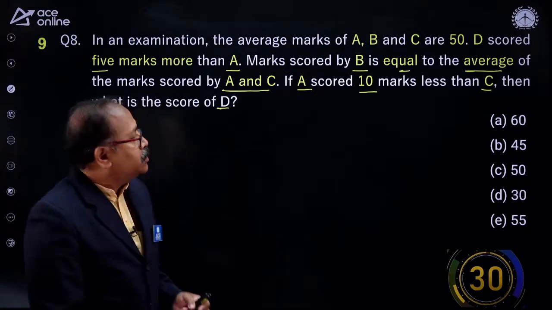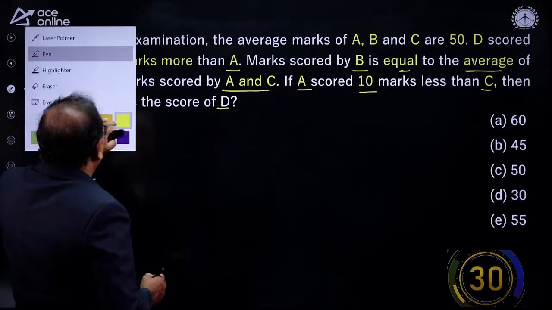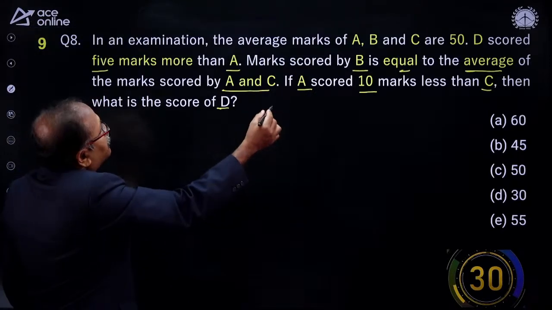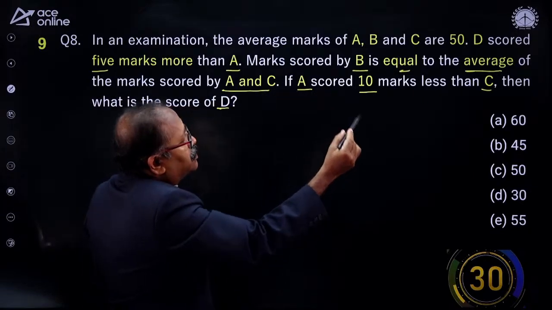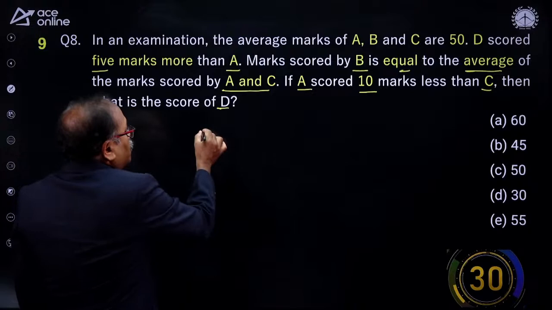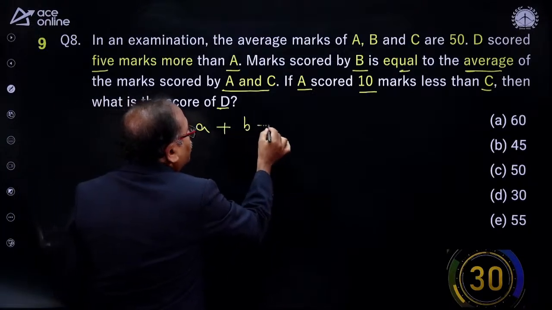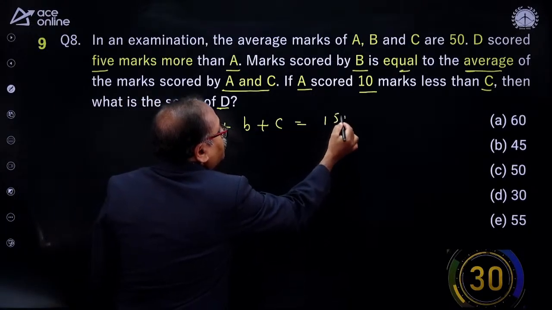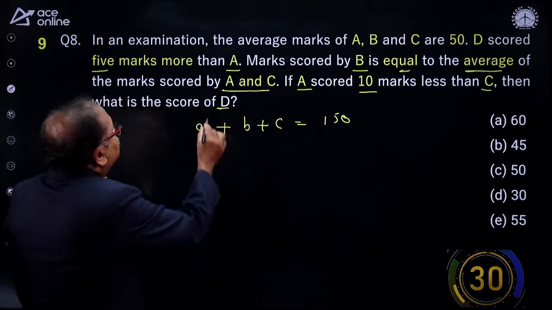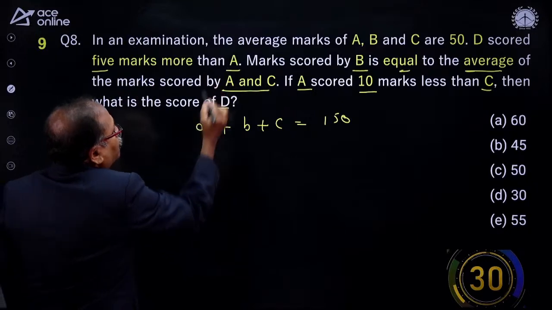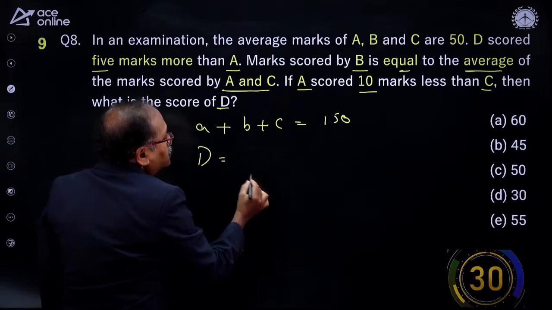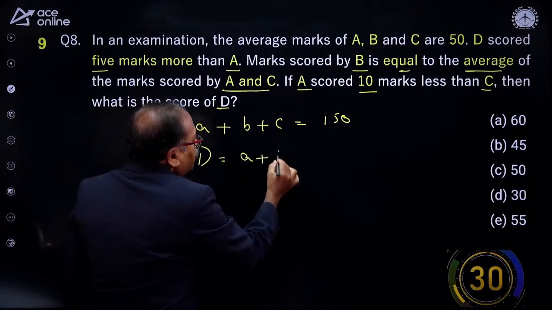Now, I will answer the question. It will take a little bit of time. Let's assume the average marks of A is A, B is B and C is C. So what is A plus B plus C? That is 150. Some more information is there. D's score is 5 more than A. So D is equal to A plus 5.